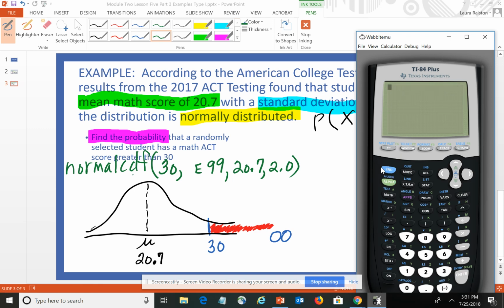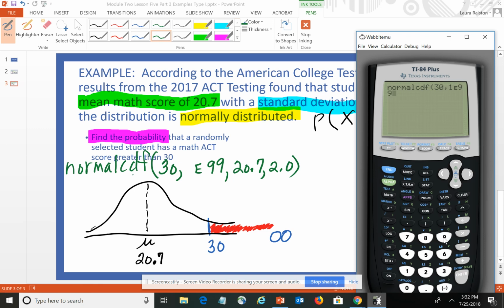Okay, get your command. Blue second button and the VARS button next to clear, pulling up the distribution list. Option number 2. Enter the smallest value first, which is 30, comma. Again, for positive infinity, we enter 1, E, which is second, and the comma, 99.